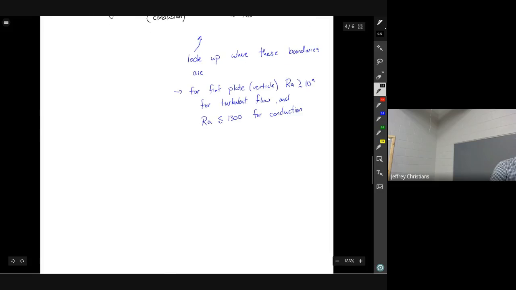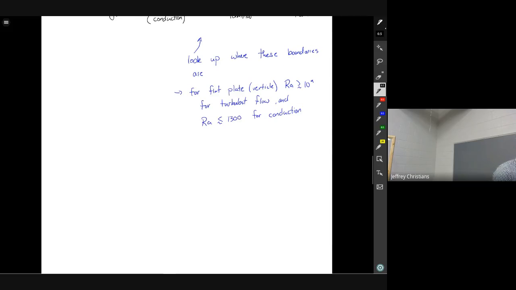So we can have a correlation for a different Rayleigh number.